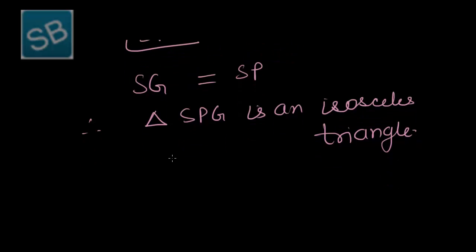So SP is congruent to SG. So this is the third property of the parabola. This was all about the conic parabola.